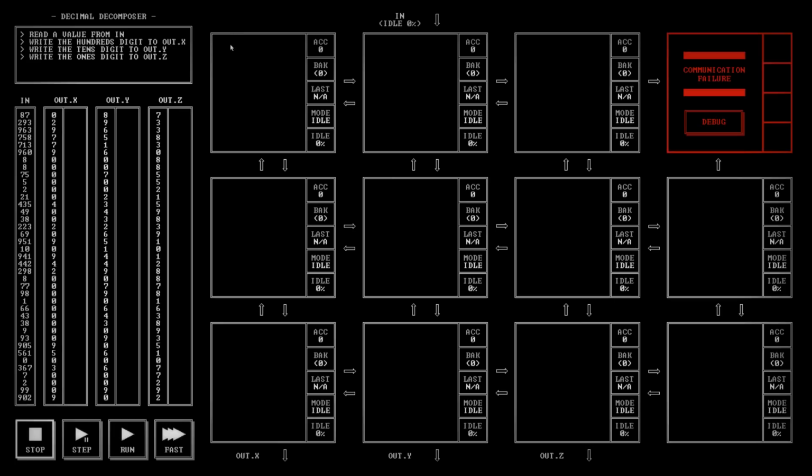Because if I subtracted out the hundreds, I'm going to be subtracting 100 until it becomes negative, then adding another 100, then count the number of times I do that subtraction and write that out here. Then I could take that value and pass it on to here, do the same thing for tens, pass it on to here, do the same thing for ones. But that would make this run serially.